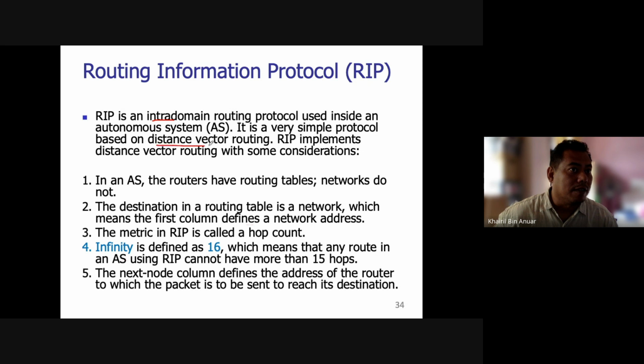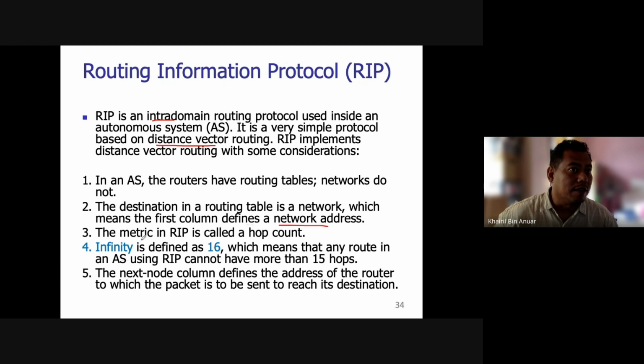So it's still using distance vector routing. RIP implements distance vector with some consideration. In an AS, the routers have a routing table, networks do not. And the destination in the routing table is a network, which means that the first column defines the network address. So now, rather than host to host, it defines the network address.